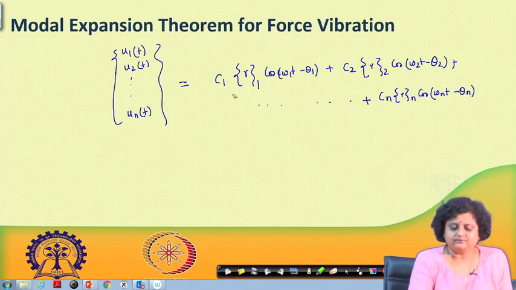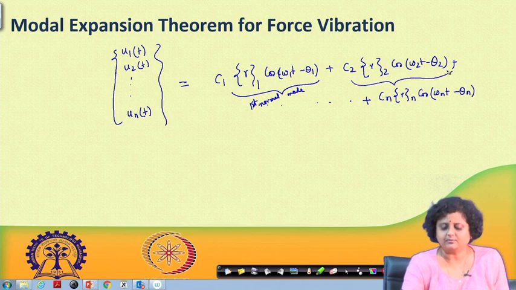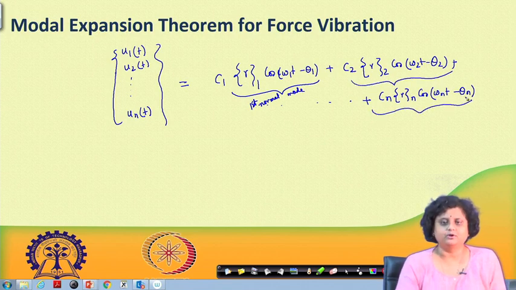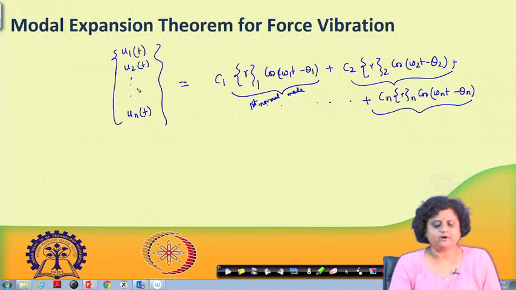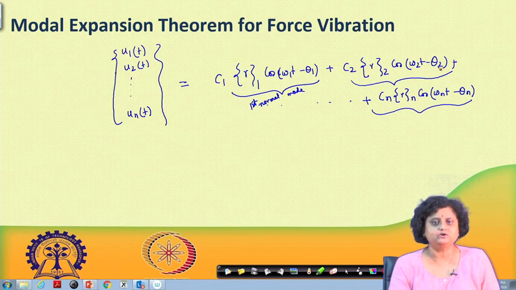Each of these is a normal mode. This is the first normal mode, this is the second normal mode, this is the nth normal mode, and therefore any arbitrary response is just a combination of its normal modes. C1, theta 1, C2, theta 2 are unknowns which depend on the initial conditions of the free vibration problem.